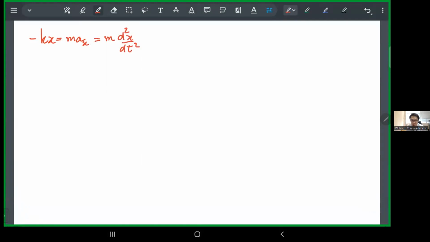So it's going to be d2x by dt2. Everyone's good? So that means the equation that you are looking at is going to go like this. I rearrange this one to make it look like this. Or actually, if you don't like plus, I can equate it to negative k over m x.